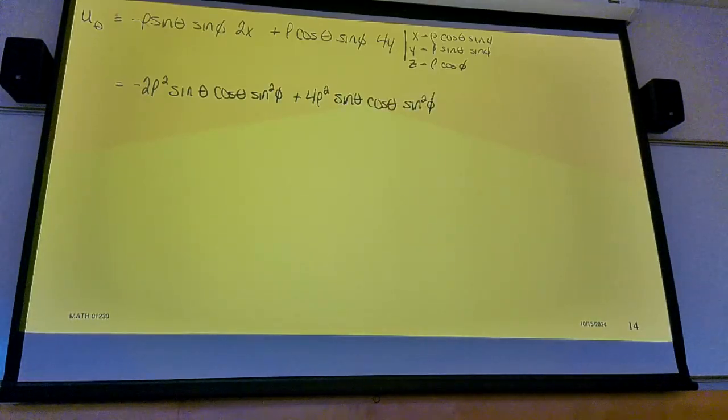Can this be simplified? It's just 2 rho squared sine theta cosine theta sine squared phi.